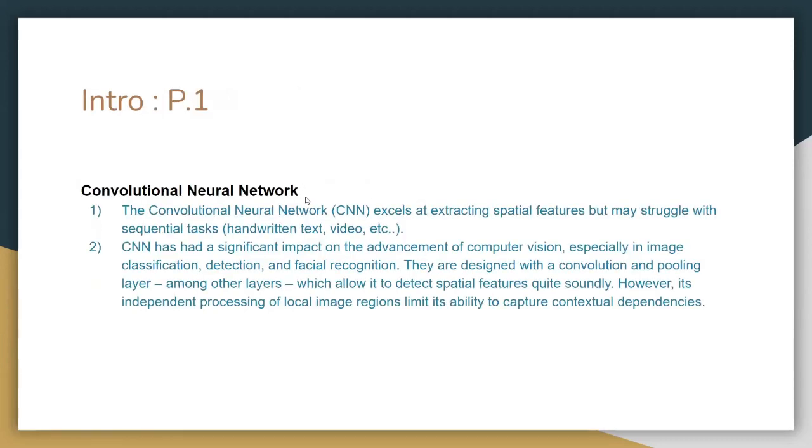It is made up of the convolutional neural network and the recurrent neural network mixed together. The convolutional neural network is made for extracting spatial features, but may struggle with sequential tasks, such as handwritten text, video, etc. Convolutional neural networks have had a significant impact on the advancement of computer vision, especially in image classification, detection, and facial recognition.